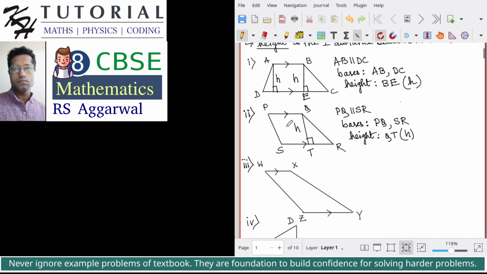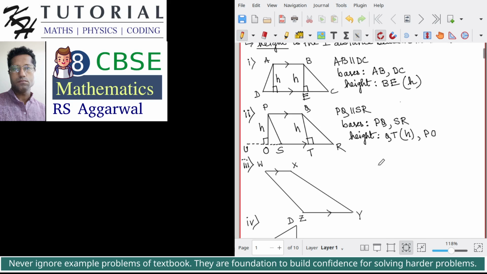Now I can also draw a perpendicular from the point P on the side SR, but this perpendicular will lie outside the trapezium. If I extend the side SR and draw a perpendicular from point P on the extended SR, let's say this is O, then PO is also a height of the trapezium.